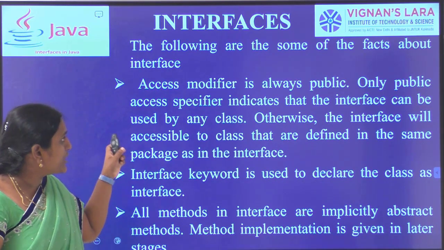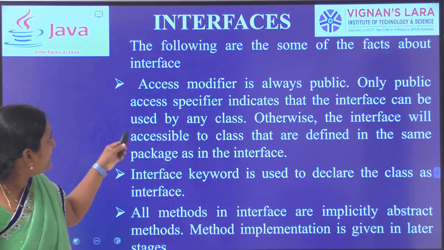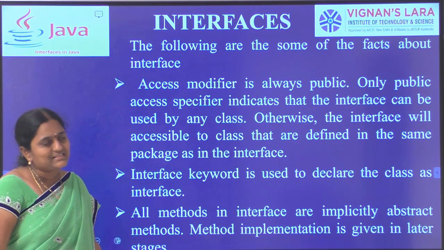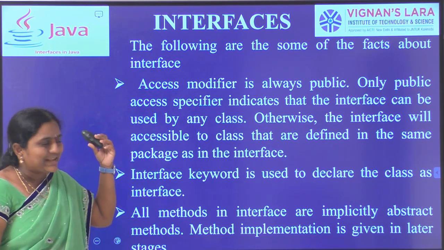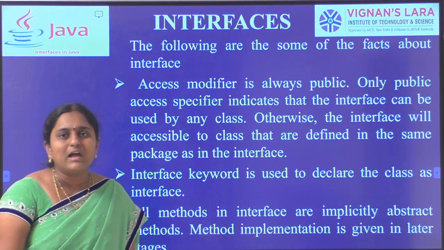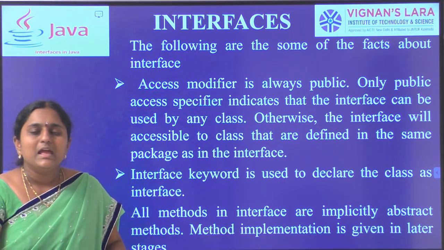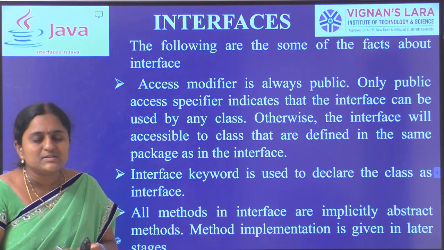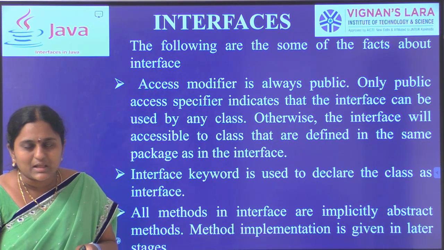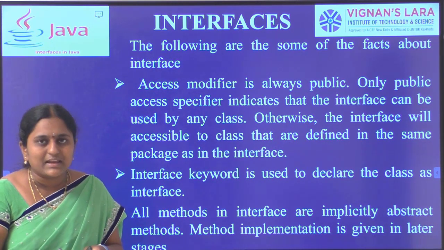That's why the access modifier is always public. The public access specifier indicates that the interface can be used by any class. Otherwise, the interface will be accessible only to classes in the same package. Public means everywhere: within the class, outside the class, within the package, outside the package, we can access it.